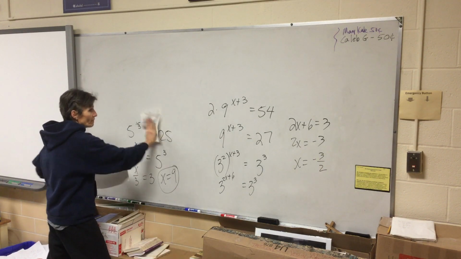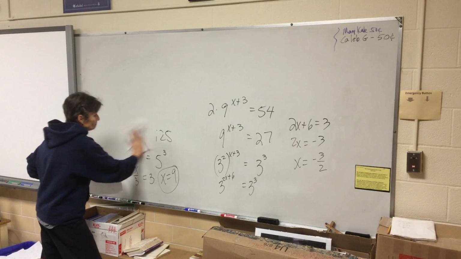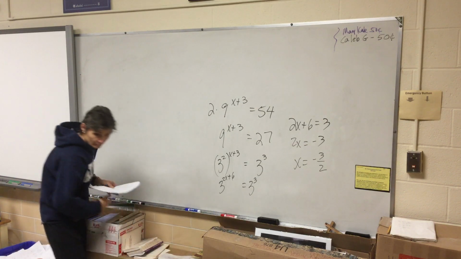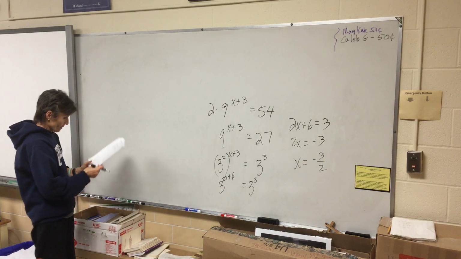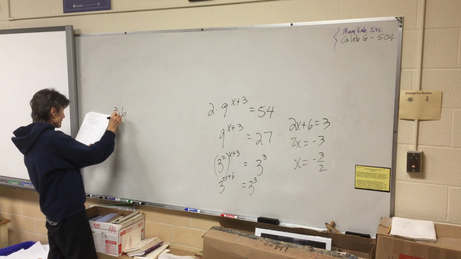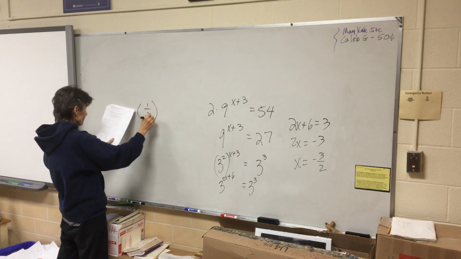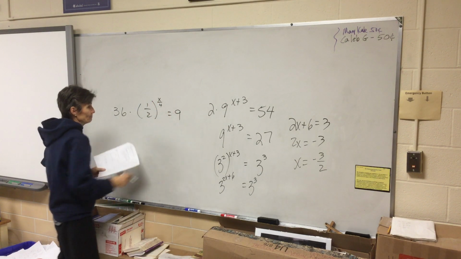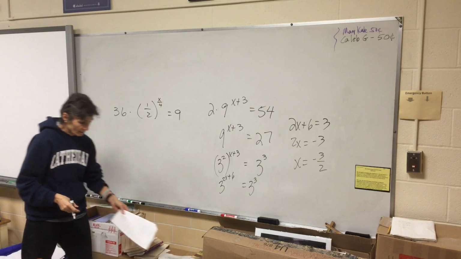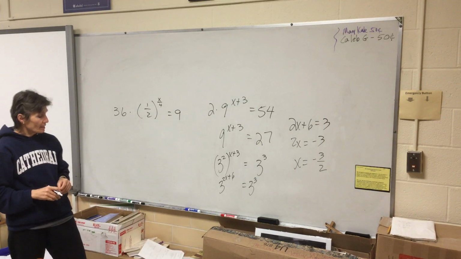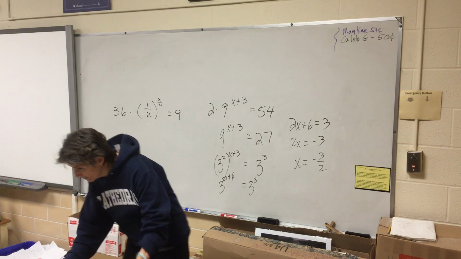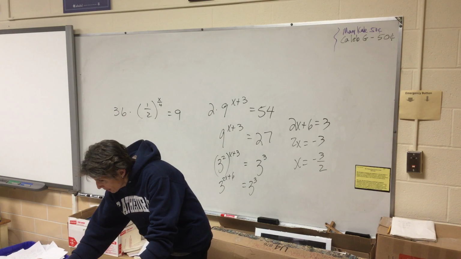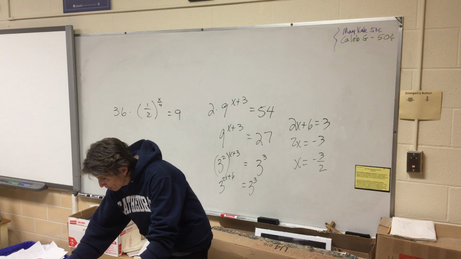Anybody have a question about any of the steps of that problem? All right. 36 times 1/2 to the x over 4 equals 9. Goodness gracious. Step number 1. Oh, I'm going to call on someone here. How about Kaden Miller?